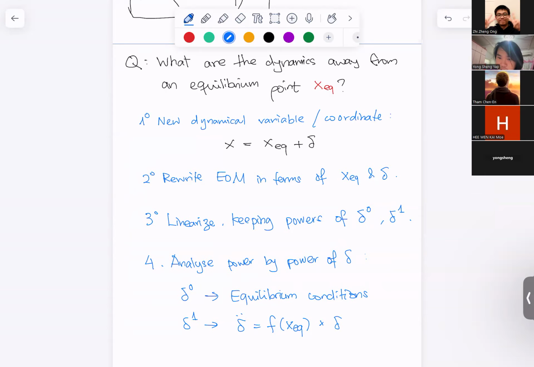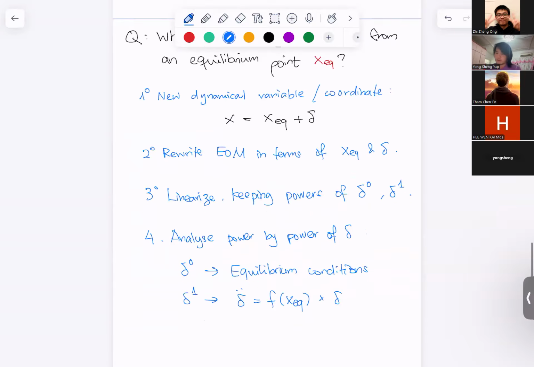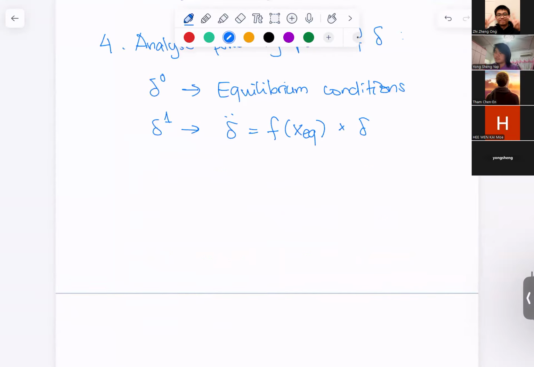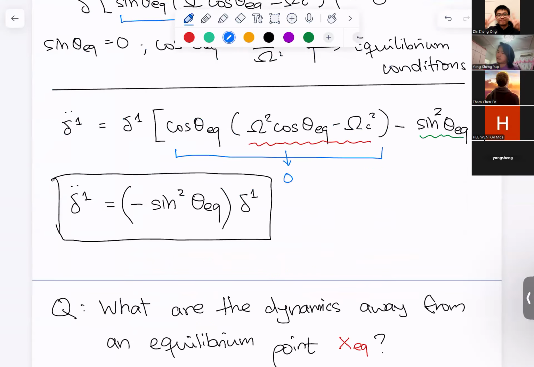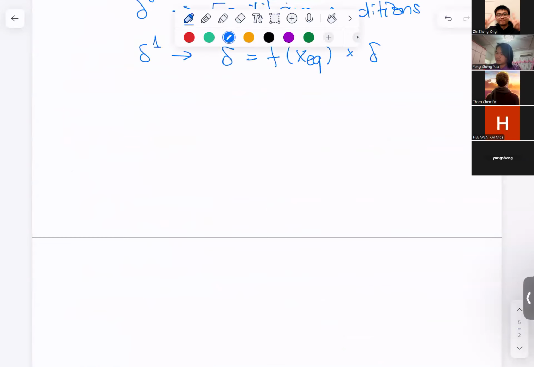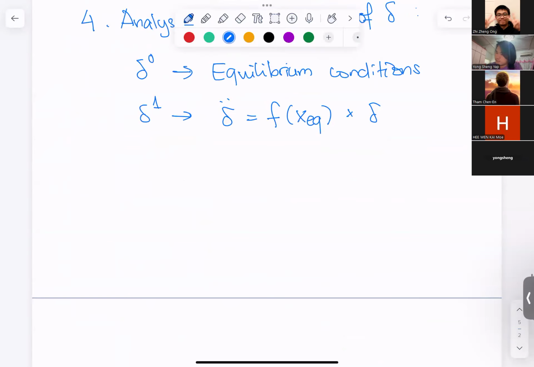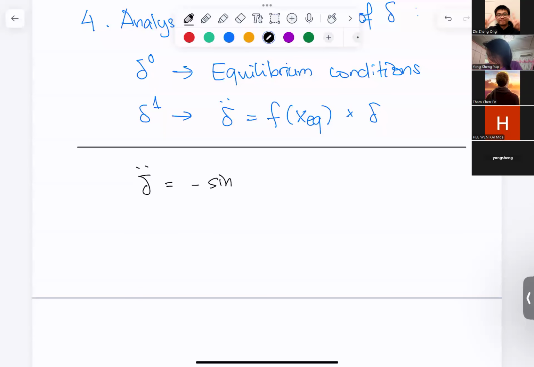Okay. If there are no questions, we'll move on. We'll take a better look at what this means. Look at the equation that we get for the bead: delta double dot equals negative sine squared theta eq times delta.